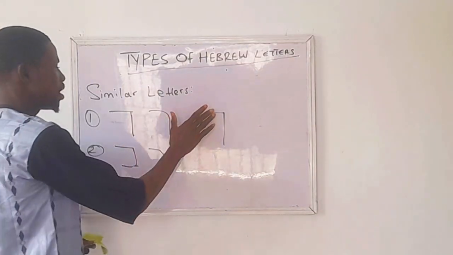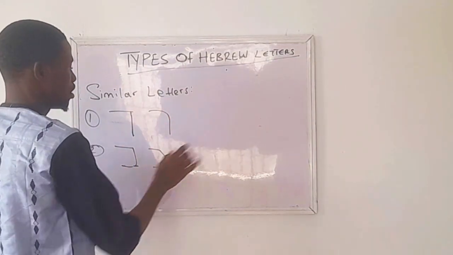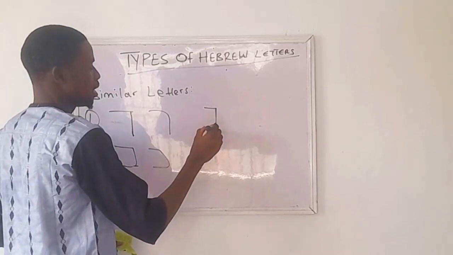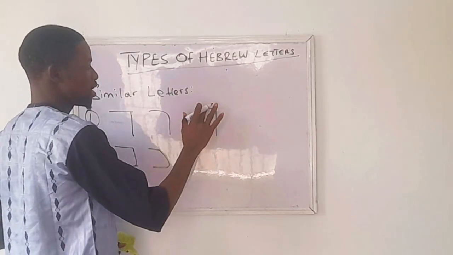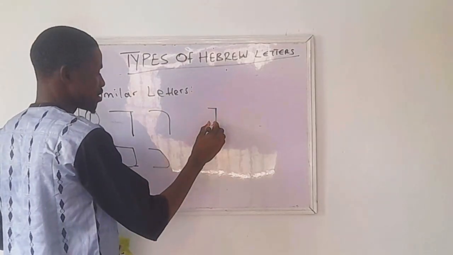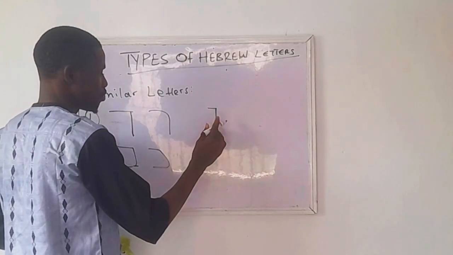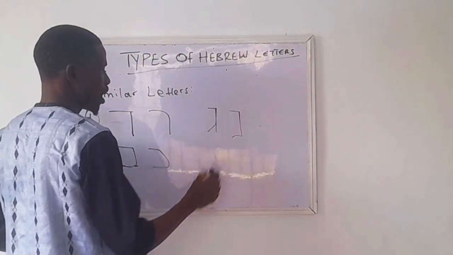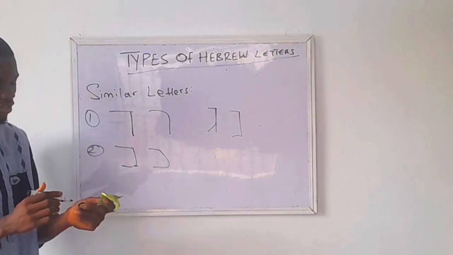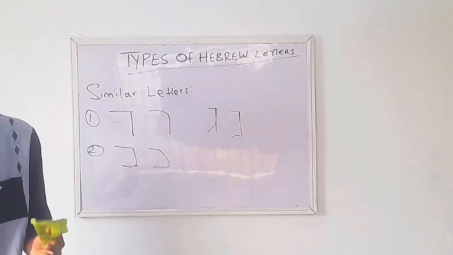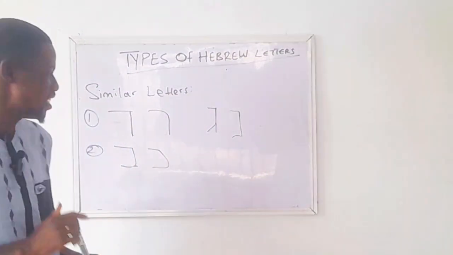Also, you have your Gimel and Nun. Let me clean this. You have your Gimel. Sometimes your Gimel is written almost just like this, one way like that. And then your Nun. They kind of look alike. In some fonts, you may not see the closeness, but I'm telling you, you need to pay attention and get to know the difference between them.